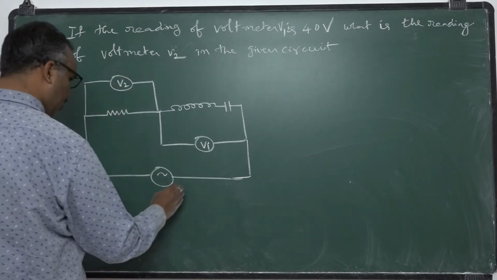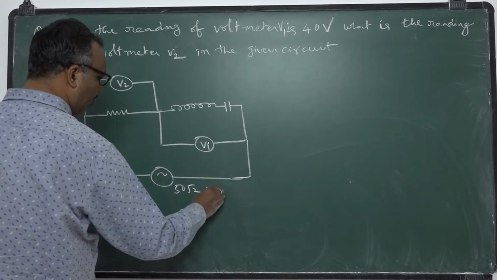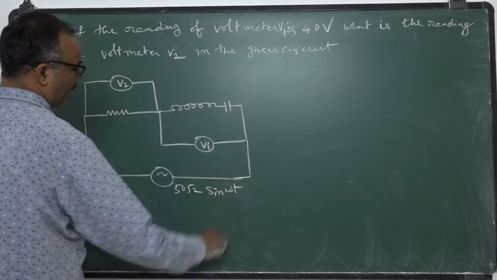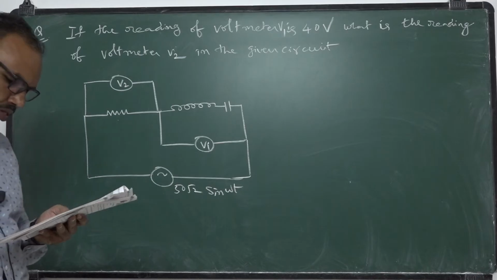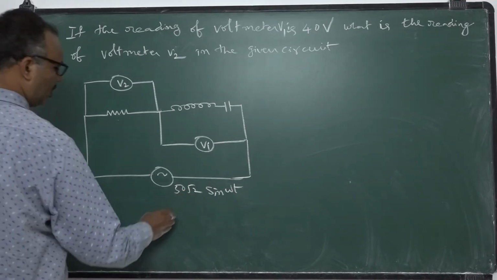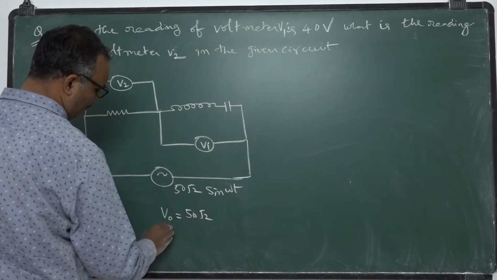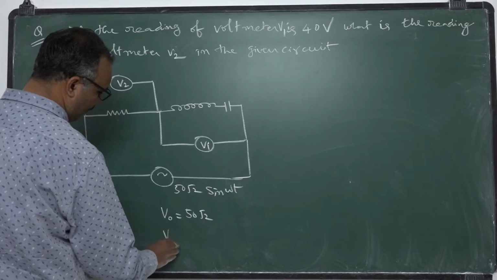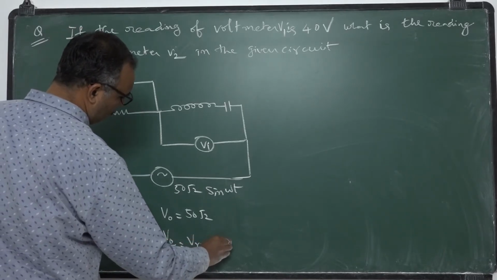You are given that 50 root 2 sin omega t is the input voltage. So from this, peak value of voltage is 50 root 2. V naught by root 2 is nothing but VRMS, 50 volts.